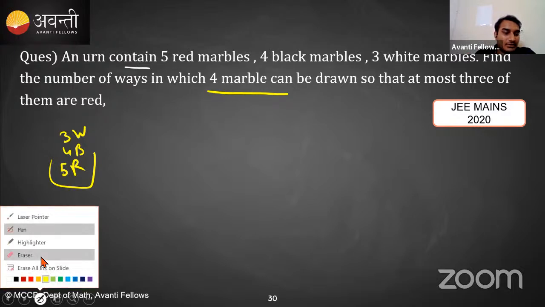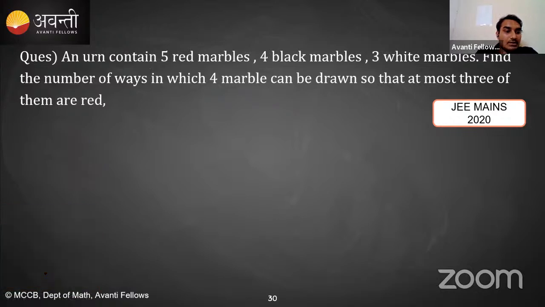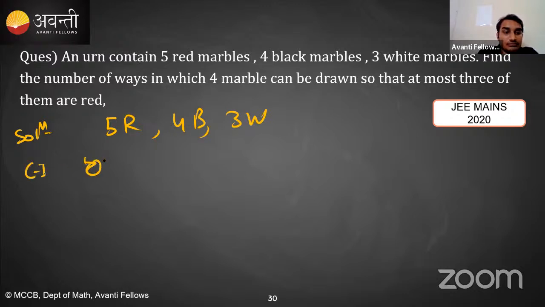Clear? Okay, now let's start the question. So what is the solution? There are 5 red marbles, 4 black marbles, 3 white marbles, right? So what cases can there be? Case 1 is 0 red marbles. Yes or no? 0 red marbles.